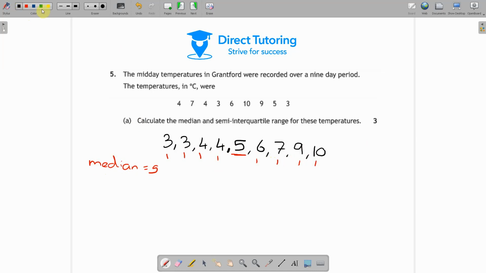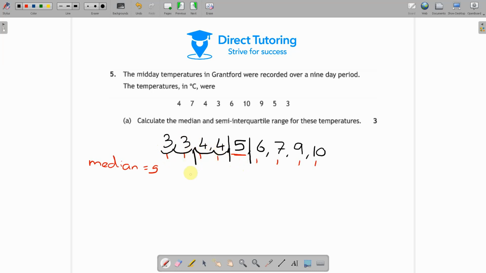Now, for the semi-interquartile range, they lie to the left and the right of the median, and it's the same thing. So we have to go and find the value that is directly in the middle of these 4 numbers. So you go in once, twice on that side, once, and twice on that side.